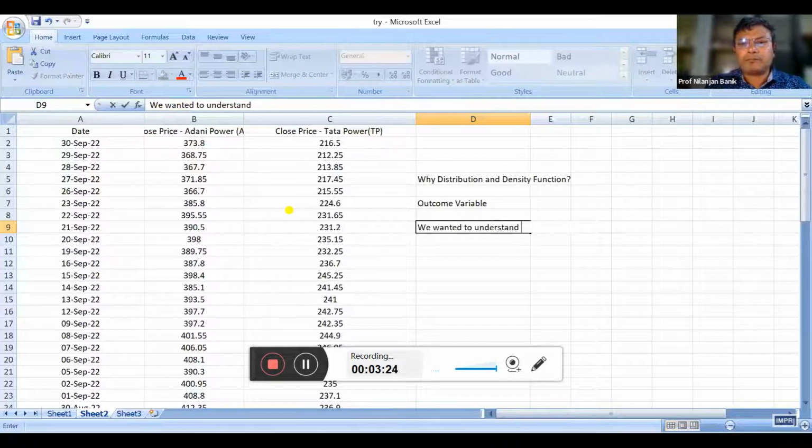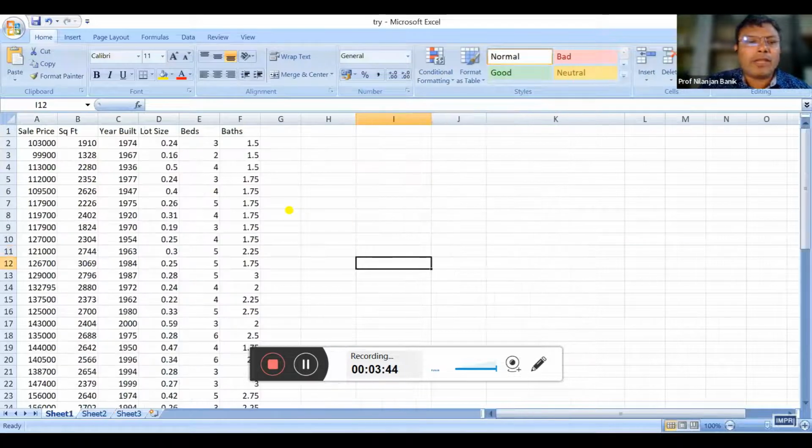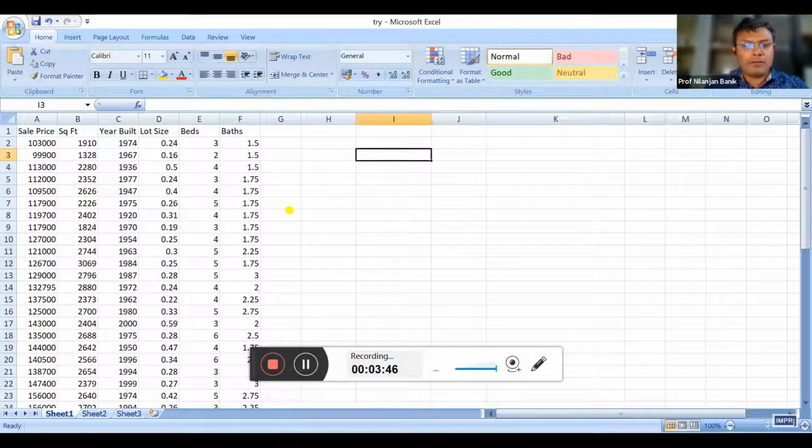We wanted to understand within which sample the outcome variable is doing a better job, right? So this is where we started. And if you remember, we were giving an example of two samples of class students.